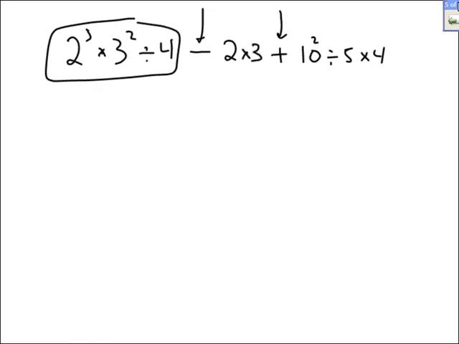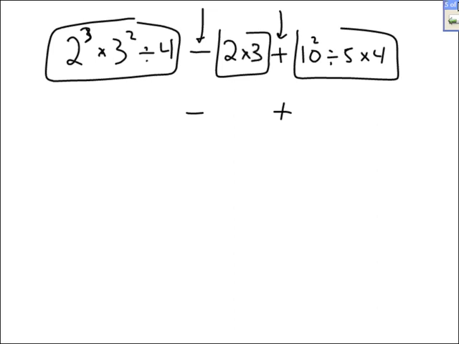First term minus the second term plus the third term. We want to know what the value of these terms are, and then, and only then, will we add or subtract them. It's 2 cubed times 3 squared divided by 4.